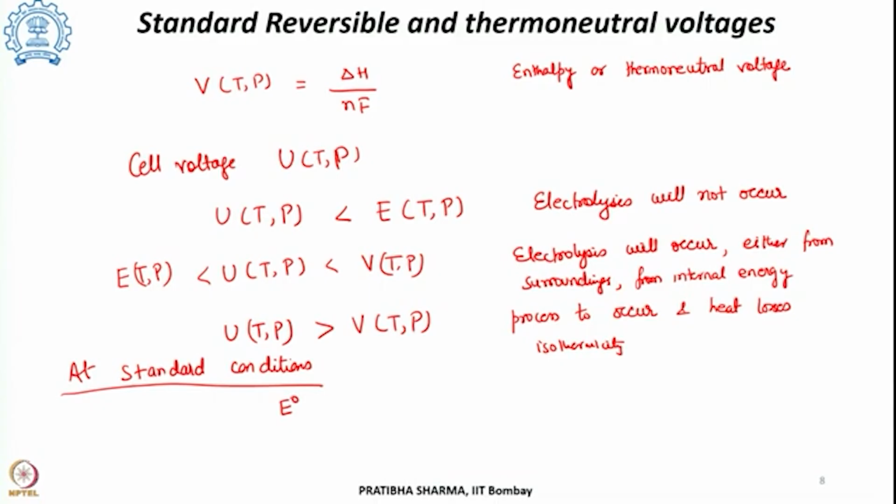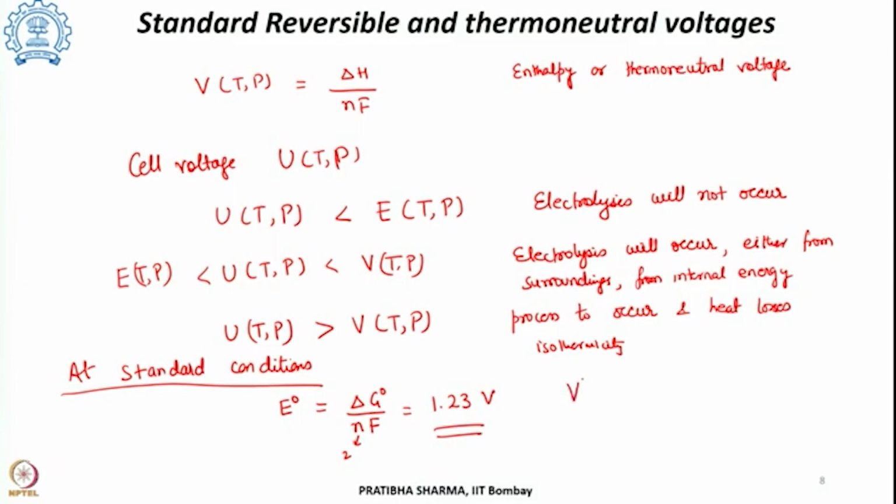The value of reversible voltage under standard conditions is represented by E naught, and that can be given by delta G naught upon the number of electrons transferred, that is 2, and the Faraday's constant, and finally we can put in these values to find out the reversible cell voltage, which comes out to be 1.23 volt.